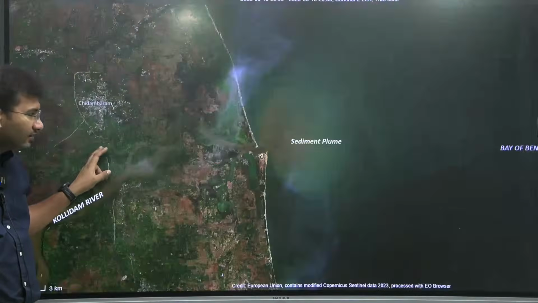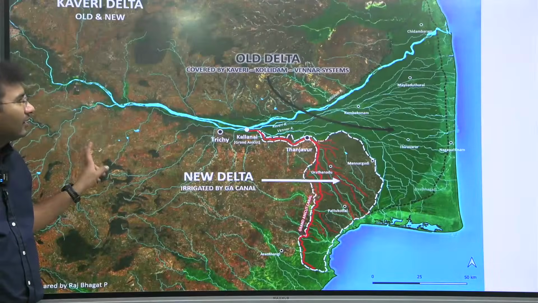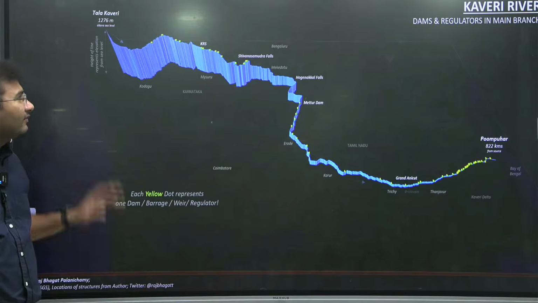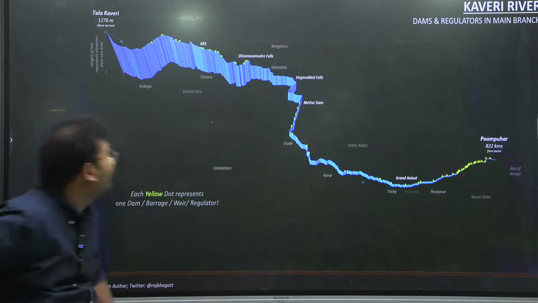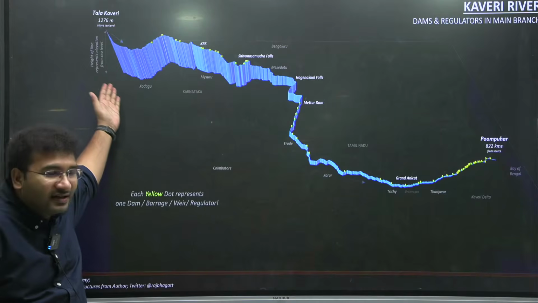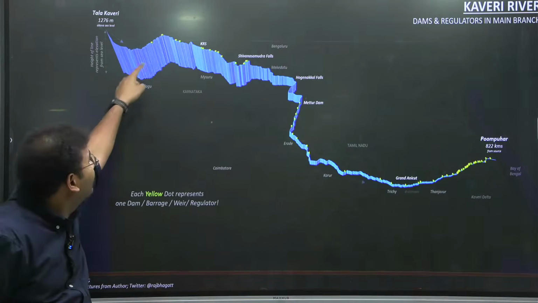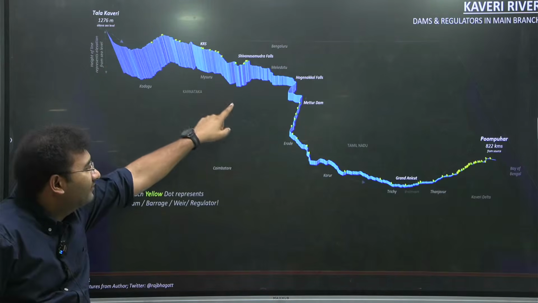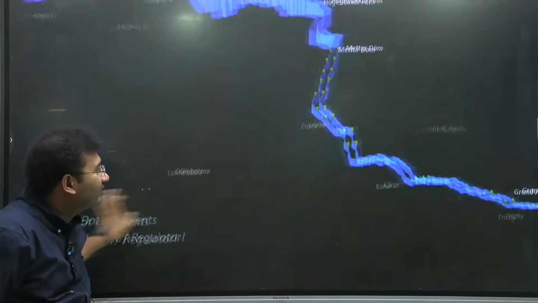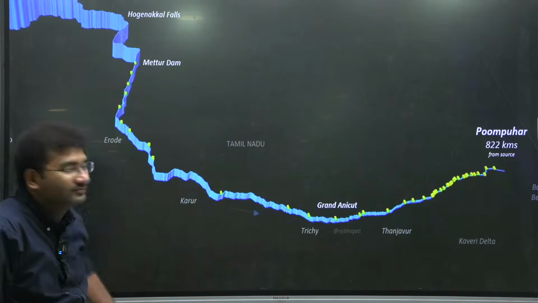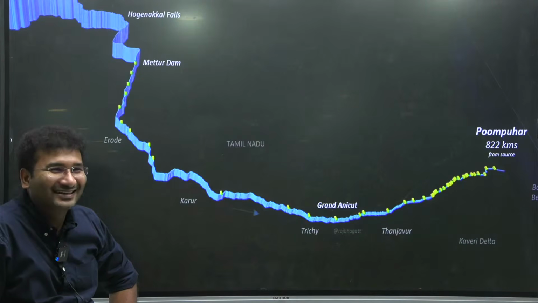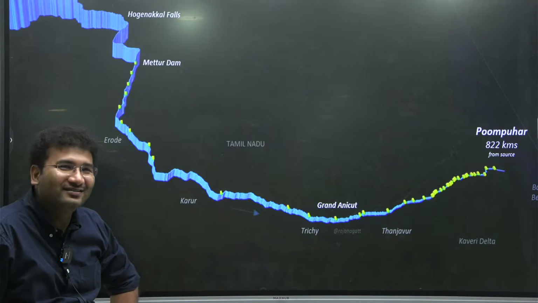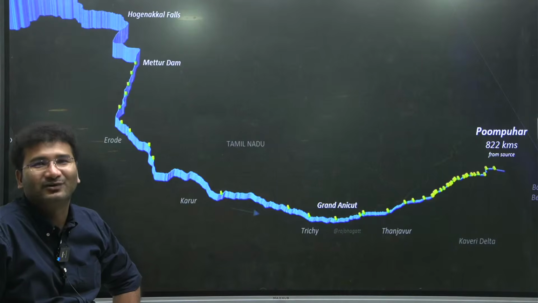Why? Look here. How many dams are there on the river Kaveri? That's Talakaveri in Kerala. 1, 2, 3, 4, 5, 6, 7, 8, 10, 15. But when you go to Tamil Nadu, these dams are the reasons why the diversity of the rivers is getting down.